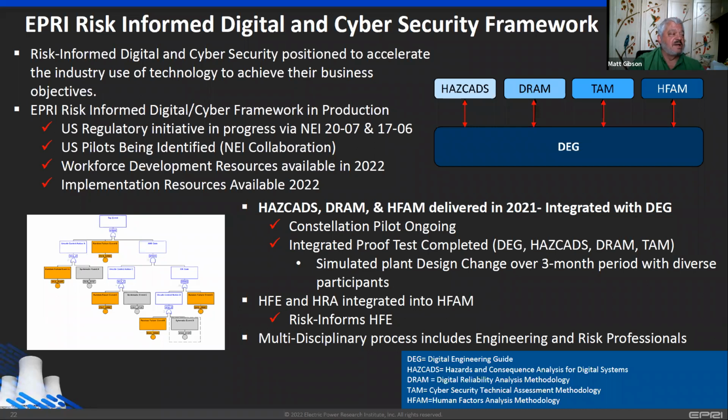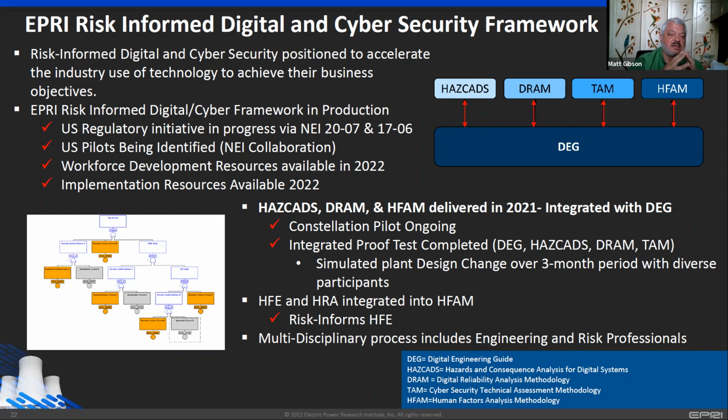And 20-07 is based on these products. So you've got that tie-in. We've got pilots being identified for 20-07, and workforce development and implementation resources are in play going forward to do this. Now, HASCAS, DRAM and HFAM have all had various revisions, but the current revisions were delivered in mid-2021.